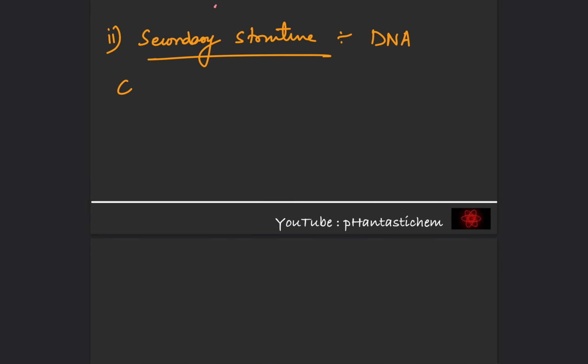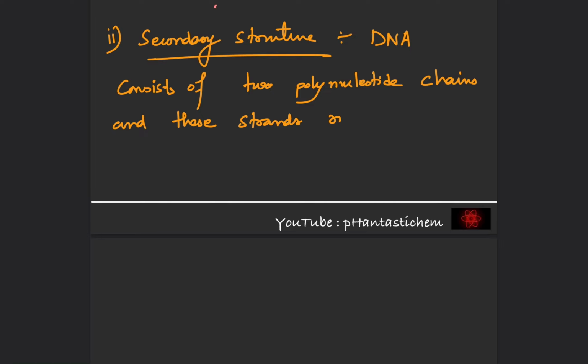DNA consists of two polynucleotide chains or strands, and these strands run in opposite direction, giving a double helix structure.